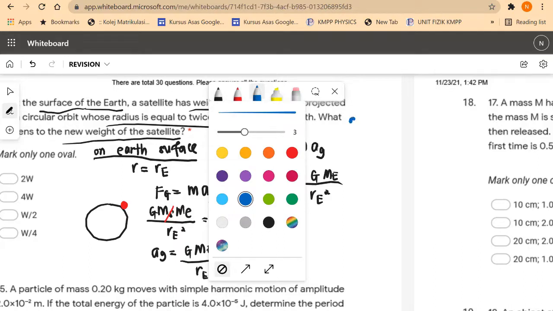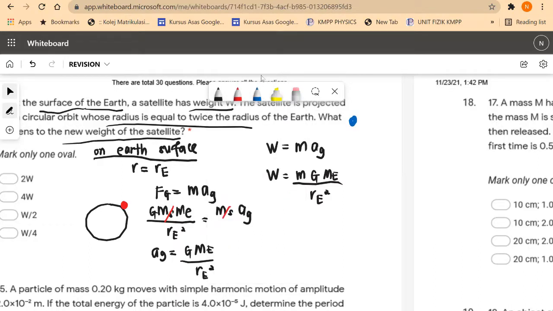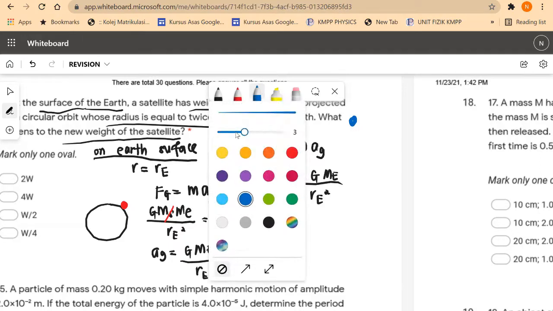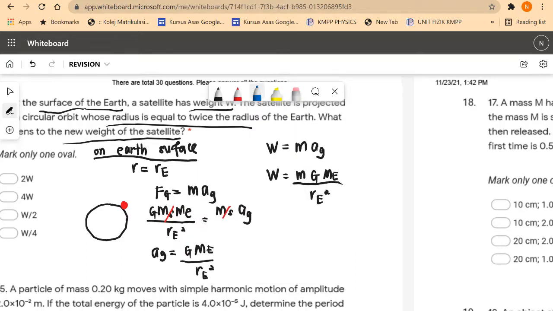This one is the satellite on circular orbit. The new position R is twice the radius of Earth.